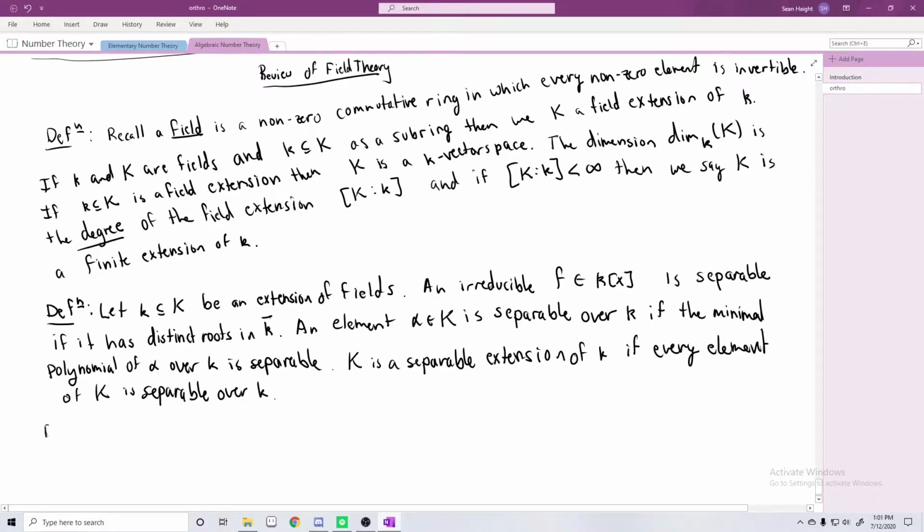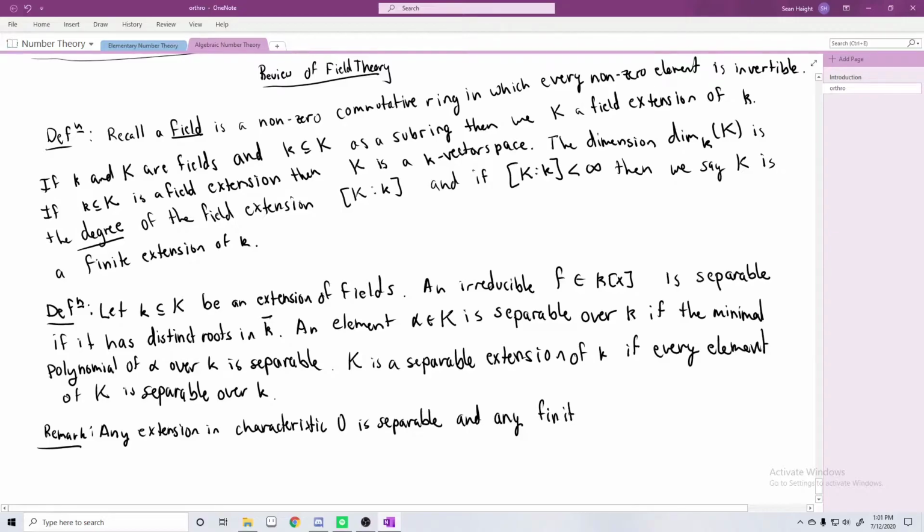So there's a remark here which basically says that everybody you know and love, for the most part, is a separable field extension. Any extension in characteristic 0 is separable, and any finite extension of finite fields is also separable.